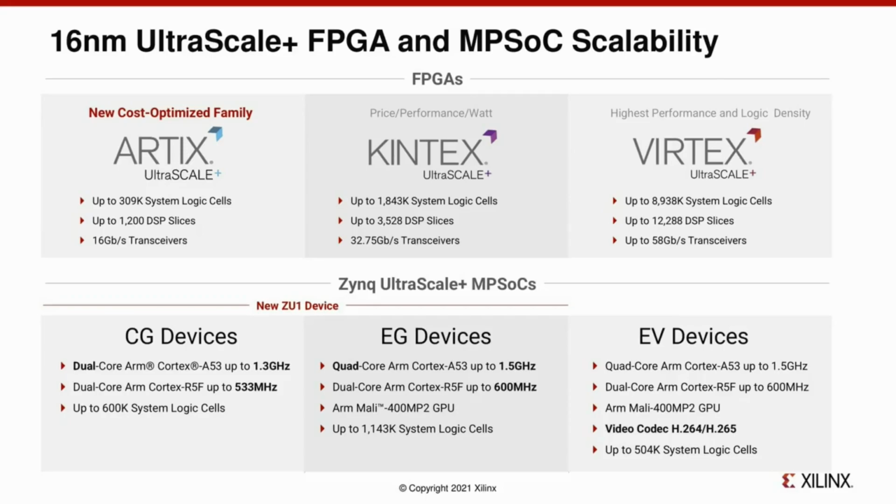Basically, we have the CG devices, which are dual core, EG, which is quad core, and then EV, which is the quad core plus a video codec engine built into the device. So this gives scalability from very low-end and very cost-sensitive platforms, from Artix UltraScale Plus, all the way to the highest-end devices which require extremely high-end complex processing.